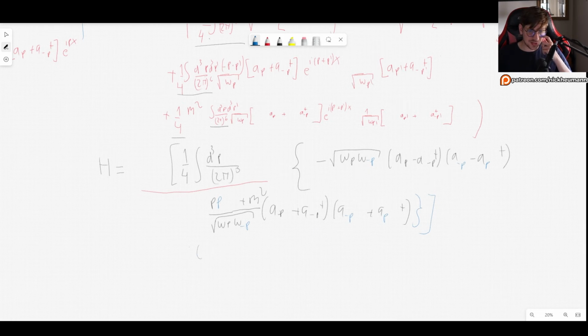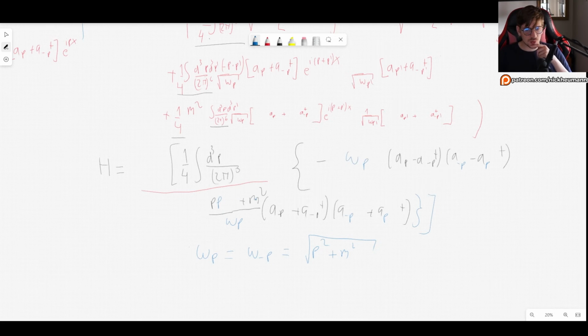Okay, now notice, just like before, that omega_p is exactly the same as omega_{-p}, because they are defined as p squared plus m squared in a square root. So that means that omega_p and omega_{-p} are the same, so this is omega squared. So omega squared in the square root is simply going to be omega, so this is omega_p. And the same thing happens here, so that is simply omega_p.